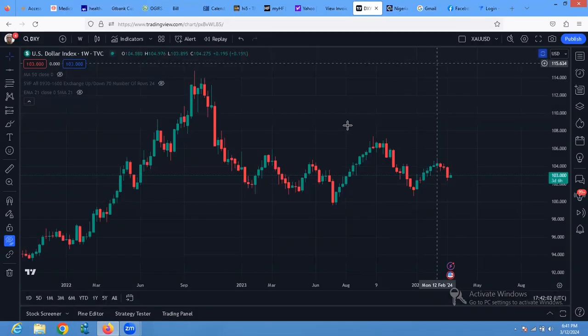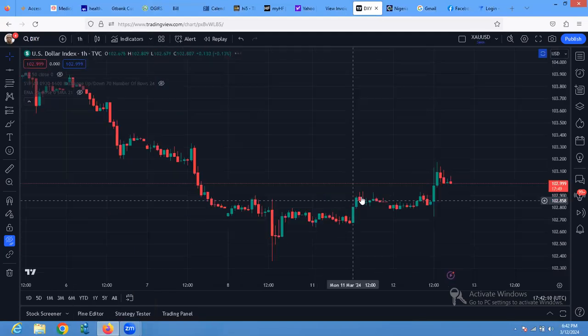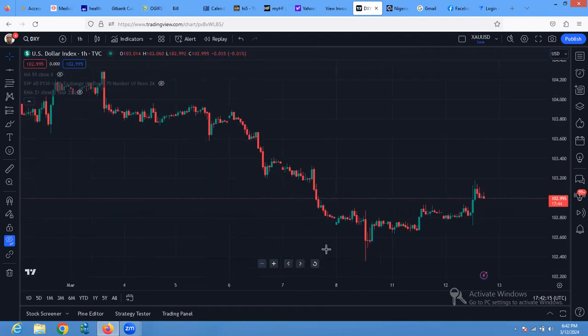Maybe I should not even bother about that. So it's the same. Without wasting much of our time, if we look into what exactly is playing out now, which looks like an AB, and that's the C leg.